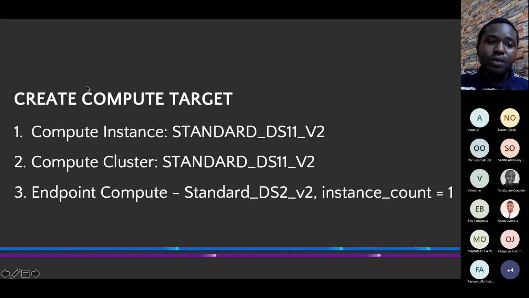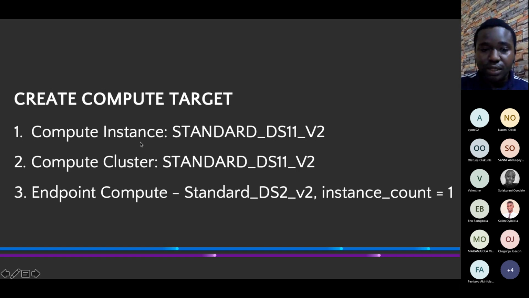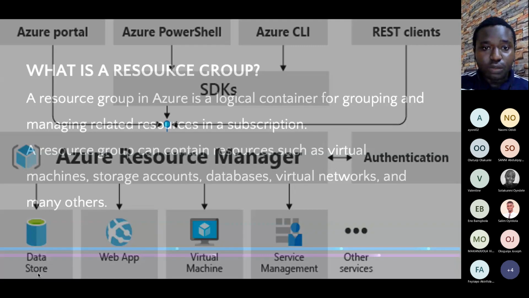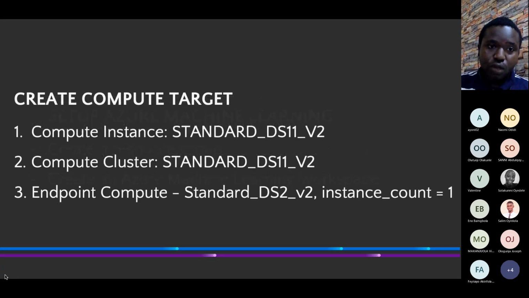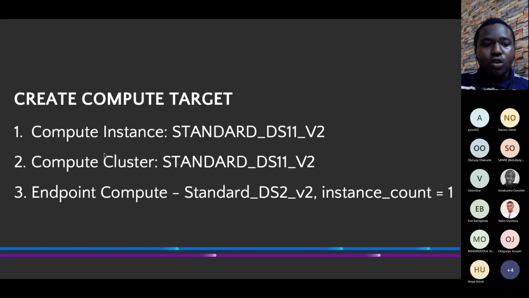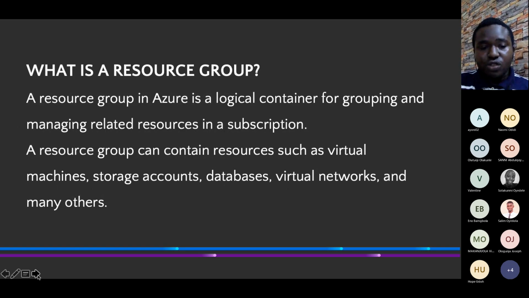So we have here compute targets, which we would need. So compute target is just like a virtual machine. But even before that, since we're going in stages now, from setting up our Azure Machine Learning workspace, what exactly is a resource group? Because we'll have to create a resource first.